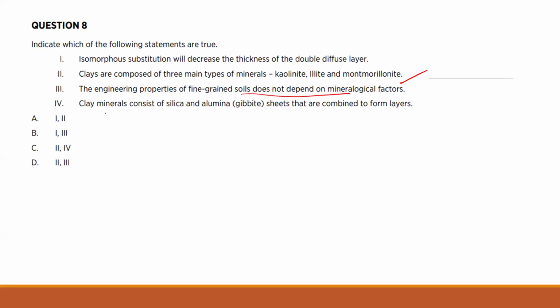Is that true? Regarding gravitational forces and surface forces, which ones are predominant for which type of soils, gravelly, sandy or clayey soils, we discussed that part. Clay minerals consist of silica and aluminium sheets that combine to form layers. You already know, and these kinds of questions are in your quiz as well.